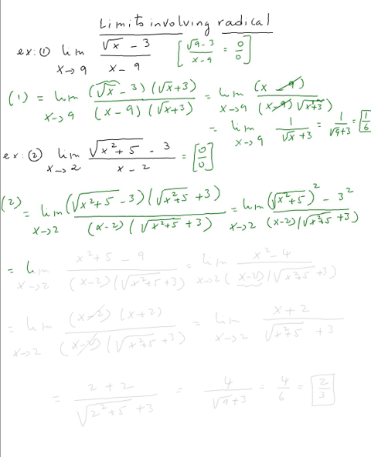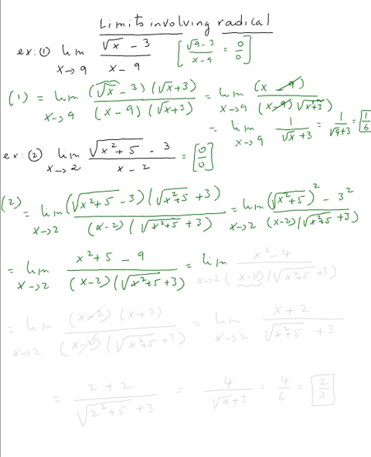Now when you square the radical, you always get whatever's inside, which is x squared plus 5, minus 3 squared, which is 9, over x minus 2 times square root of x squared plus 5 plus 3. You don't FOIL the denominator.